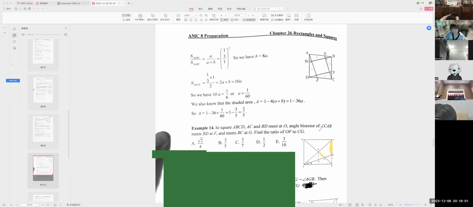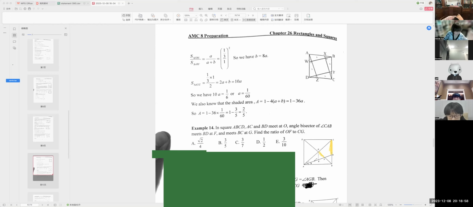Jeff, you can't just guess. This question is a bit difficult. So the angle bisector of CAB meets BD at F. That's why you see this one meet this one.